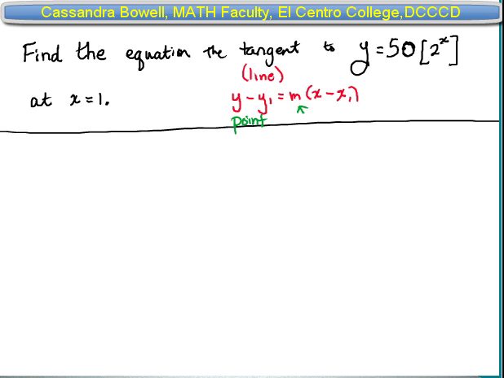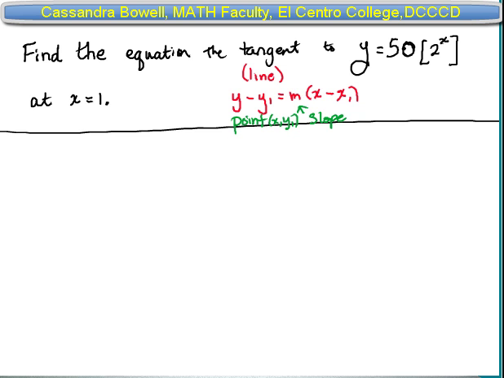So our point is x sub 1, y sub 1, and the slope. And that's why we call this little trick the point-slope form of the equation of a line. If we have one point that passes through the line, and we have a slope, we can write the equation of the line.